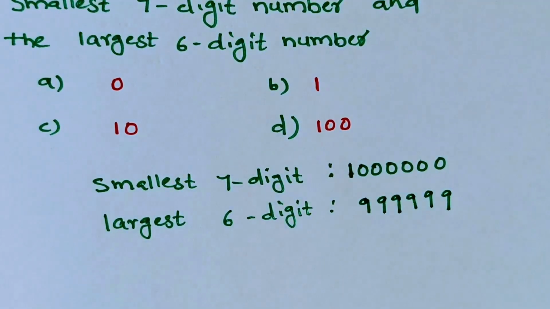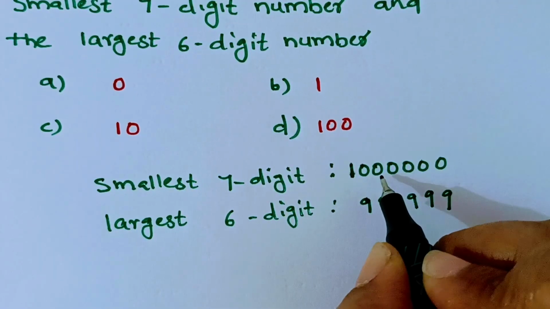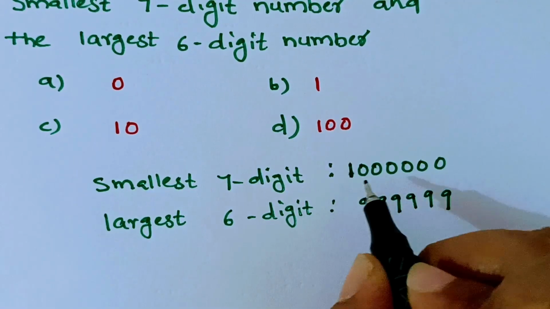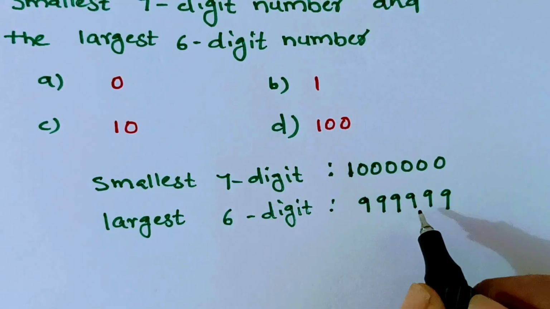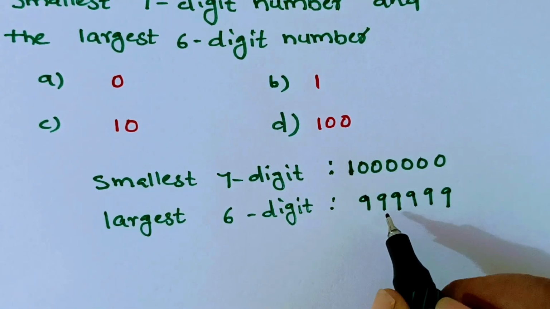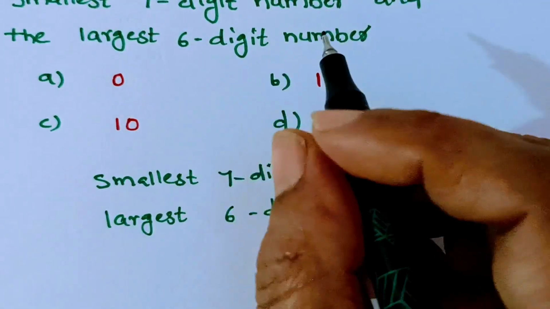Read the numbers: ones, tens, hundreds, thousands, 10,000s, lakhs, 10 lakhs. 10 lakhs minus 9,99,999. What did they ask in the question?